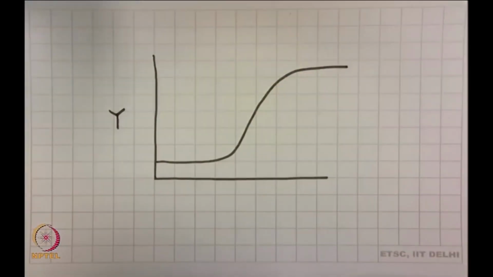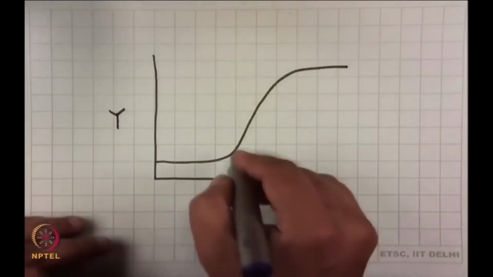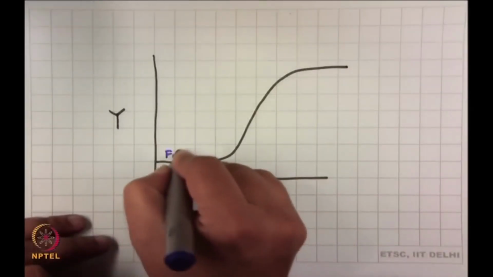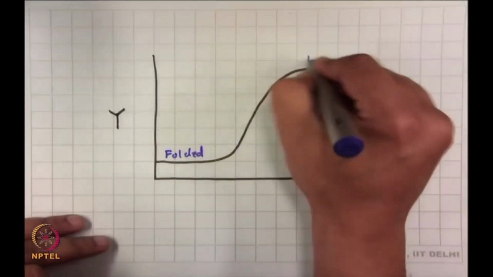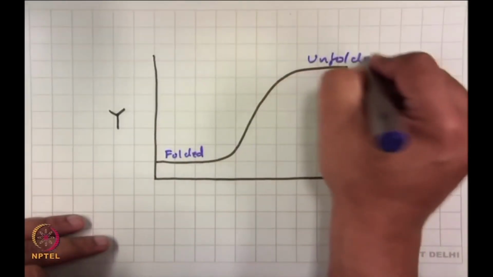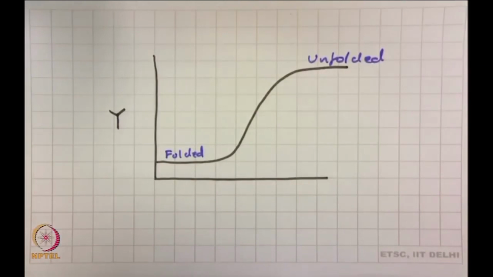So I can say this one is your folded state and this one is your unfolded.